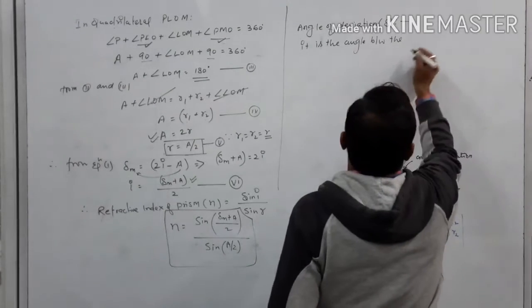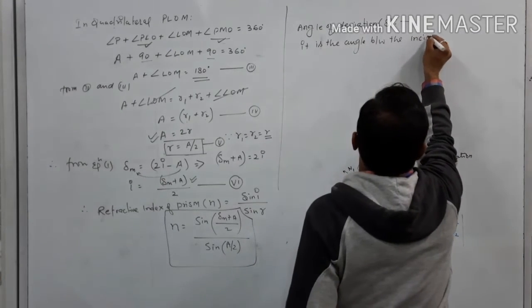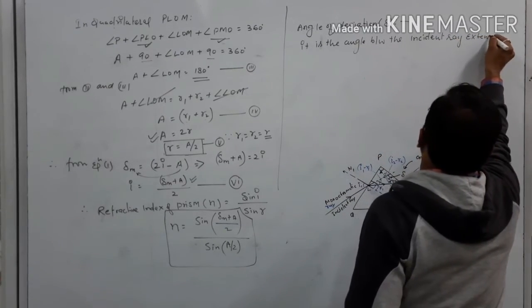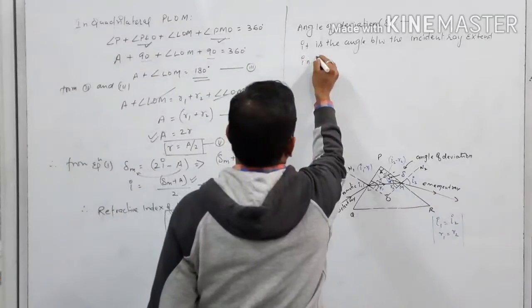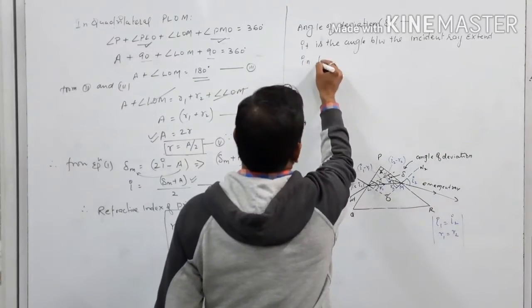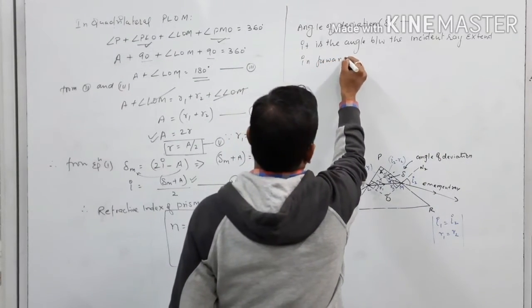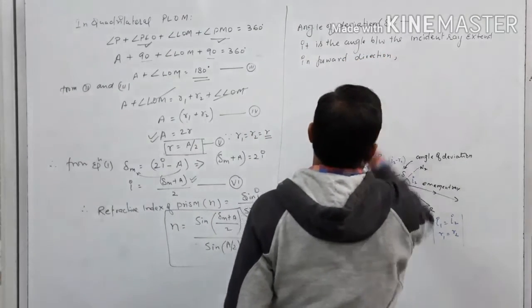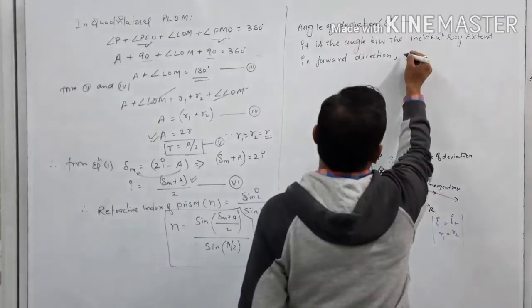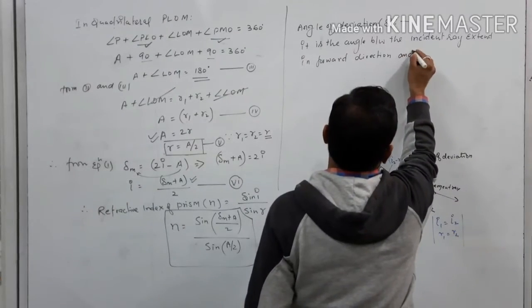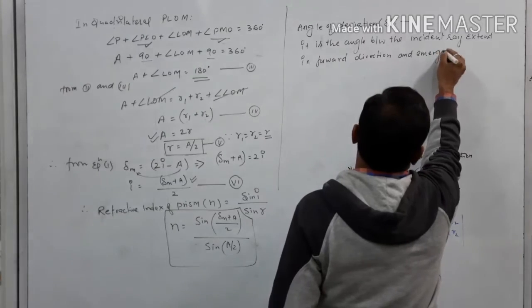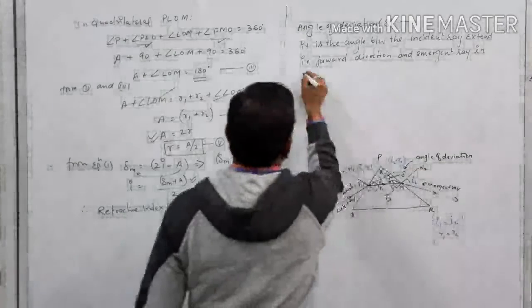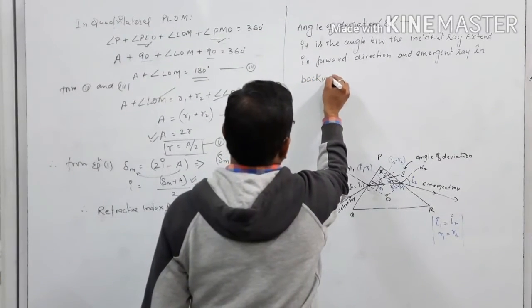It is the angle between the incident ray extended in the forward direction and the emergent ray extended in the backward direction.